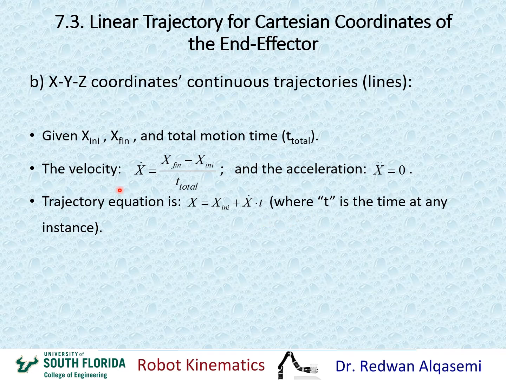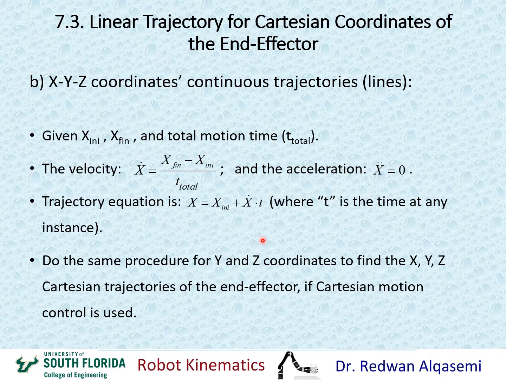Now remember, this here is good for the x coordinate of the end-effector, and if we repeat this again for the y coordinate and the z coordinate, that would give me 3 equations. Each one of them would define x, y, and z trajectories at any moment in time.